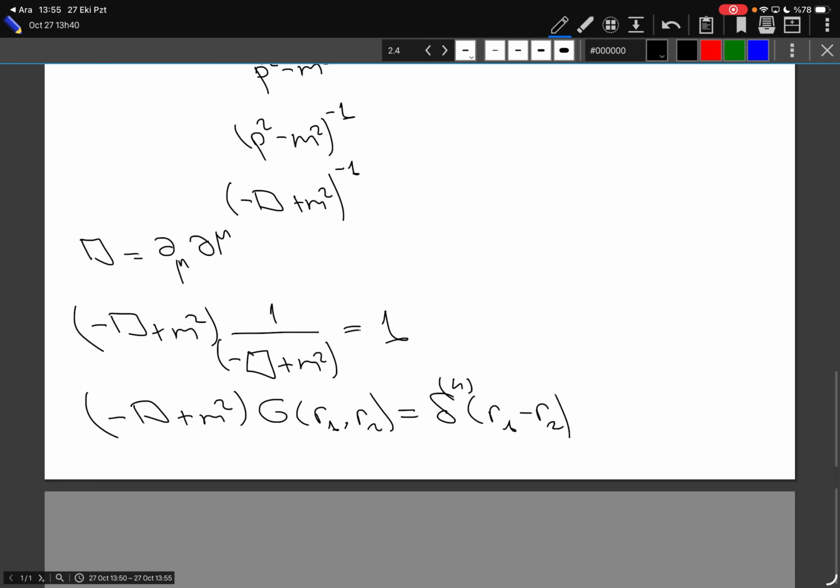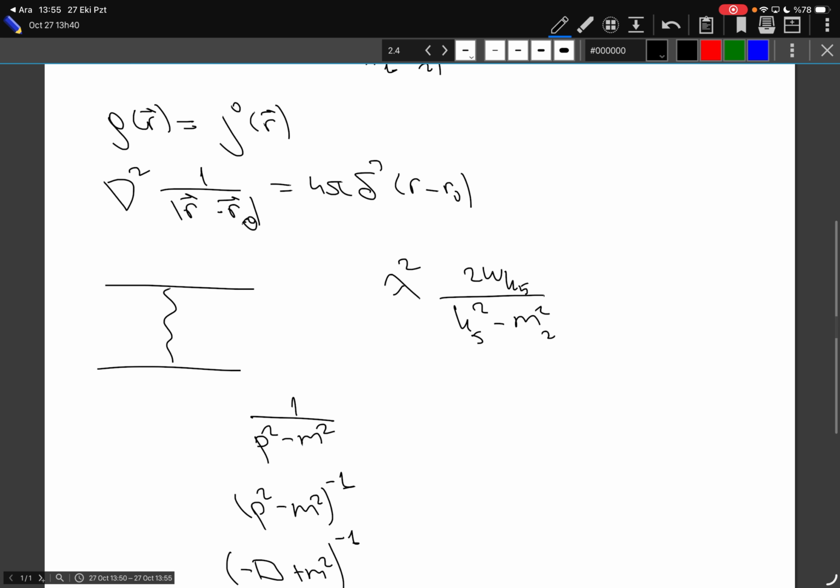So what is actually happening here is, you can have various perspectives, but basically this particle is creating some kind of a potential, and the other particle is interacting through this potential.